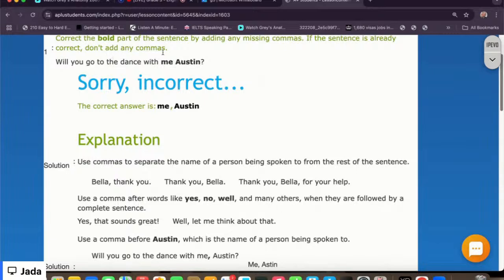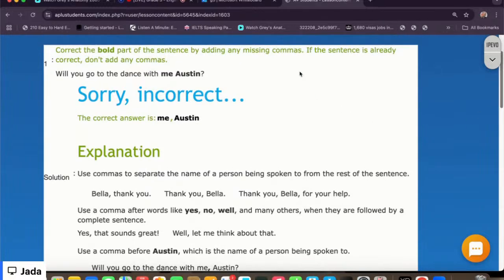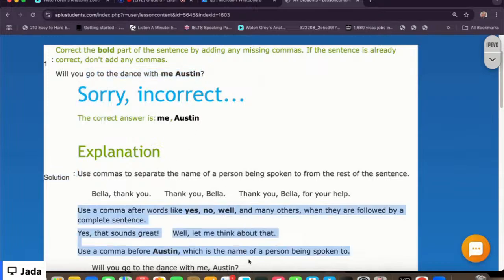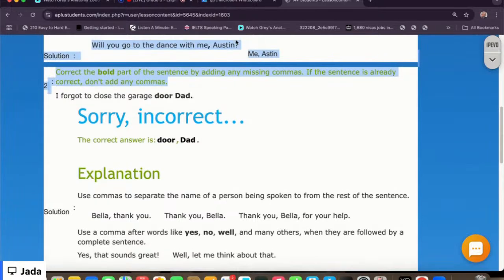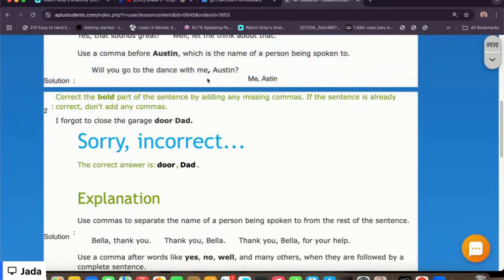Okay, so you have to correct the bold part of the sentence by adding any missing commas. If the sentence is already correct, don't add any commas. So, "Will you go to the dance with me, Austin?" So, what do you think is going to be the right comma there? Of course, you need to have a comma before Austin. Remember, when you want to have the name of a person, you must separate it with a comma. So, Austin, you need to have a comma before the name.